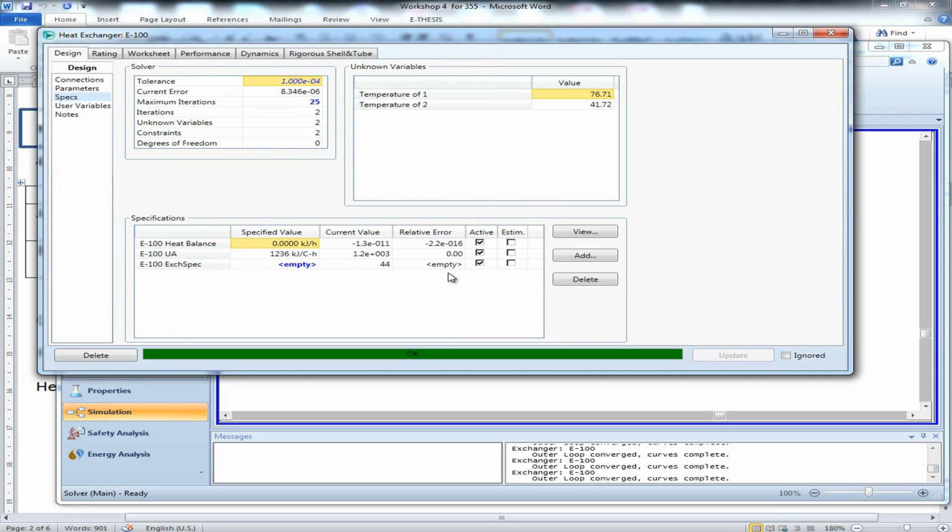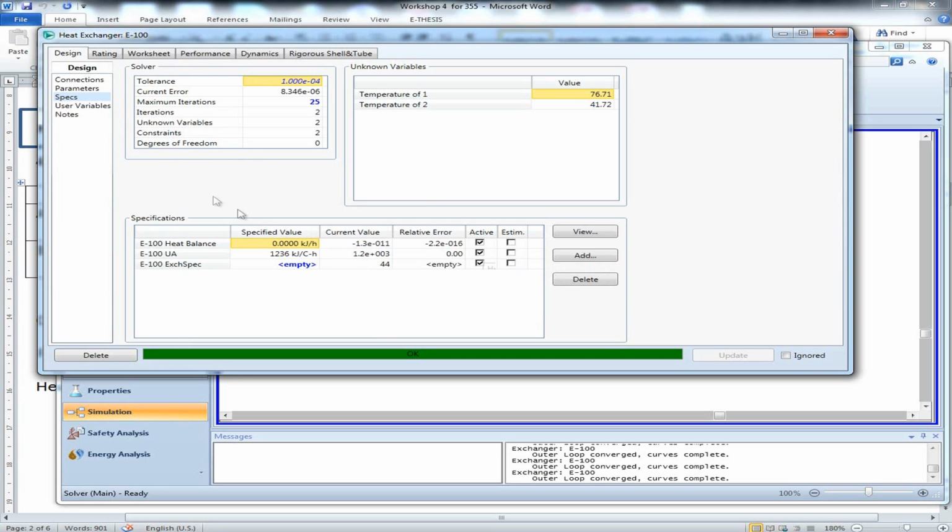Now let's go to the handout. The handout asks whether it is possible to force this heat transfer to have a minimum approach equal to 10. Okay, now let's do this.